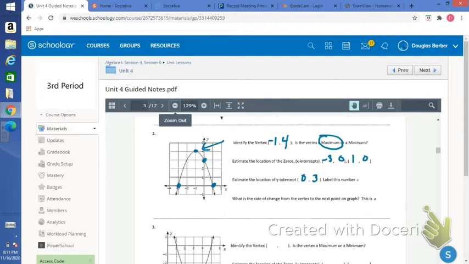And then what is the rate of change from the vertex to the next point on the graph? So remember, rate of change is slope, so rise over run. So I went down 1, so since you went down, the 1 is negative. And then you went to the right one, it's positive. So your a in this case would be -1.